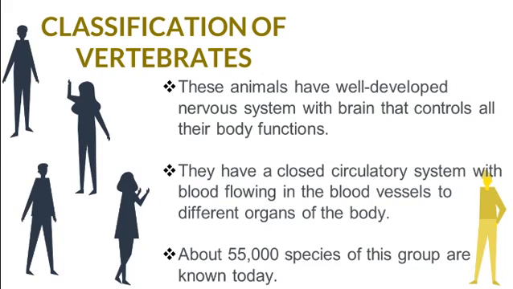They circulate the blood to other parts of the body, and again from the other parts of the body back to the heart. It is a closed circulatory system. About 55,000 species of this group are known today.